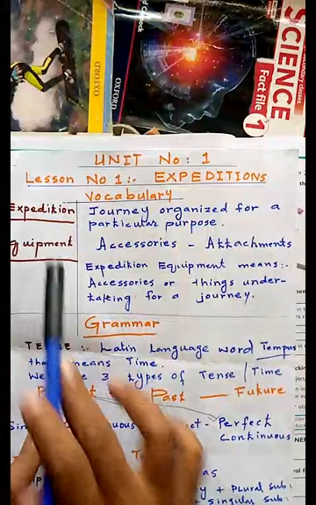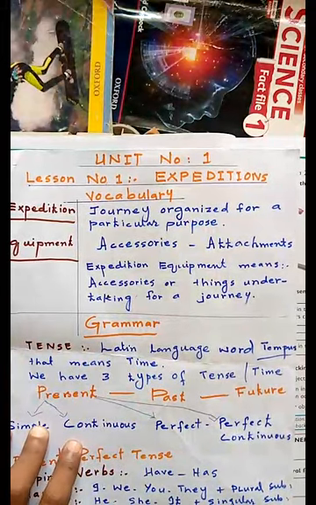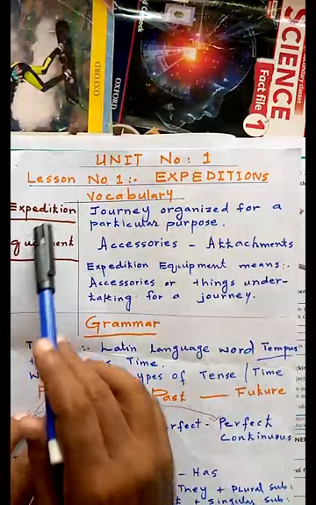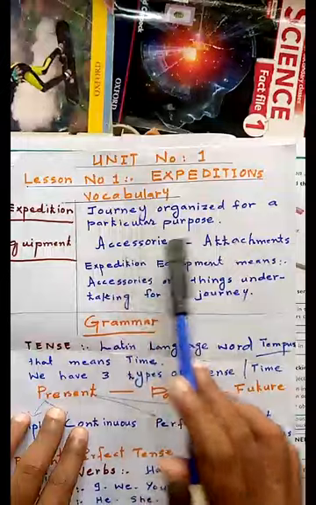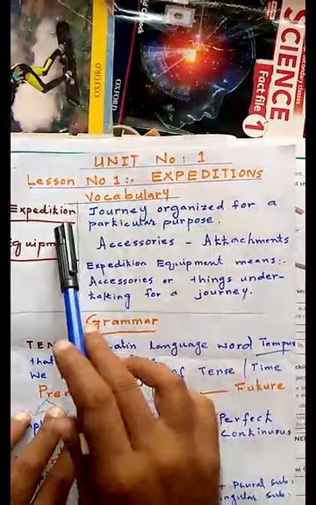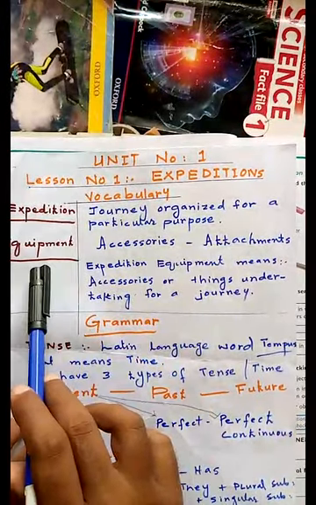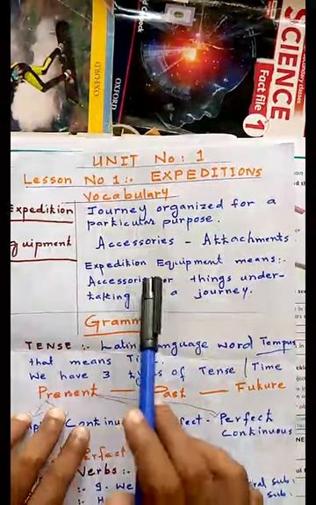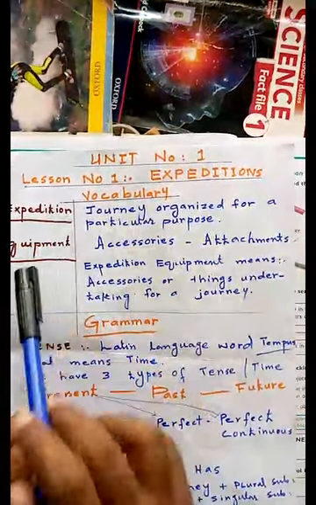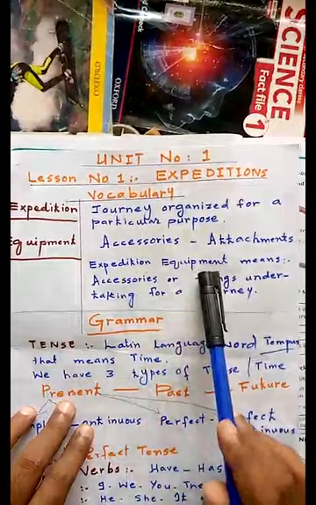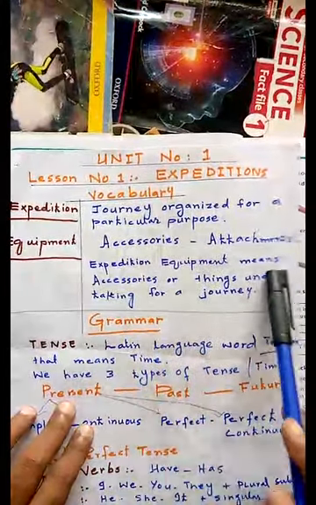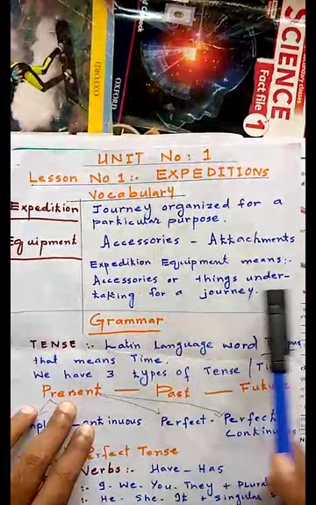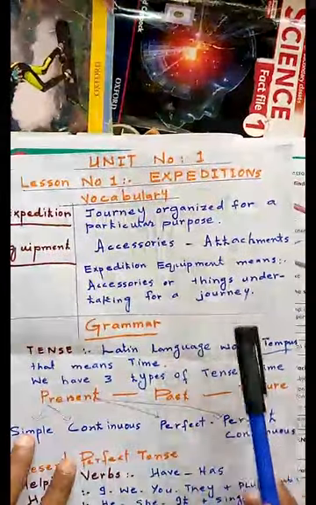But when we go to search for something or explore the world, we use the word expedition. Number 1, vocab you have to know. Number 2, equipment. Equipment means accessories, attachments. Expedition equipment means accessories or things taken for a journey.